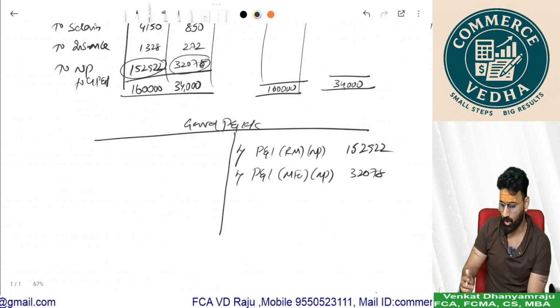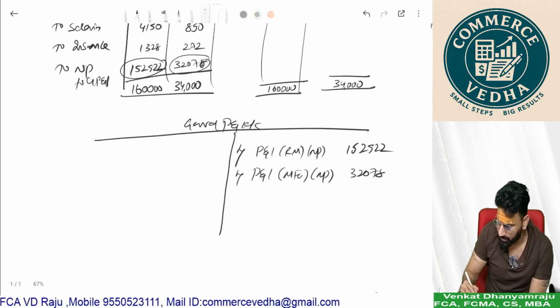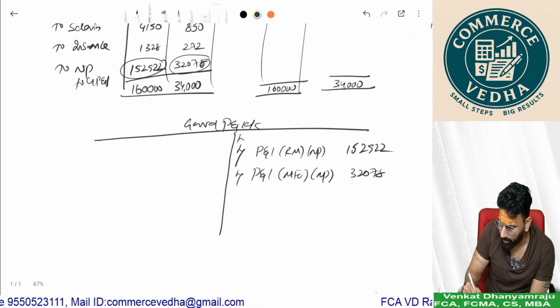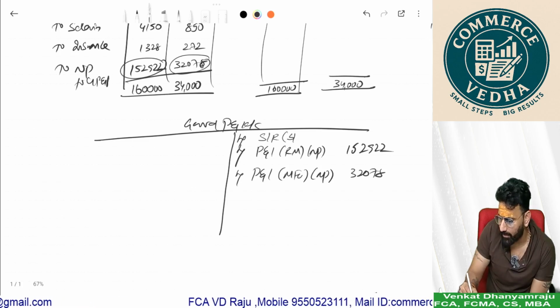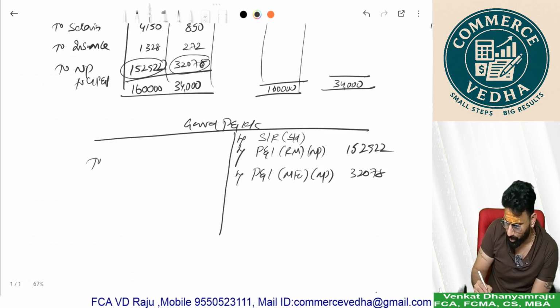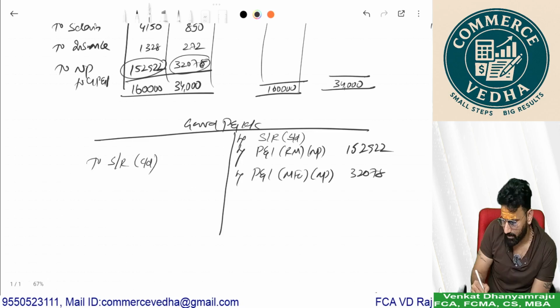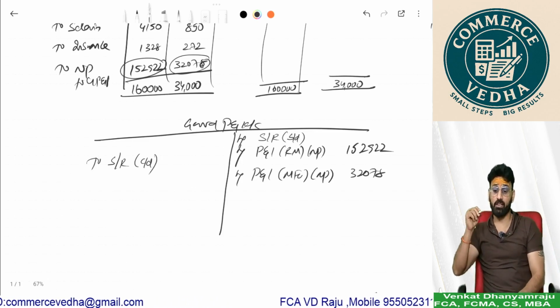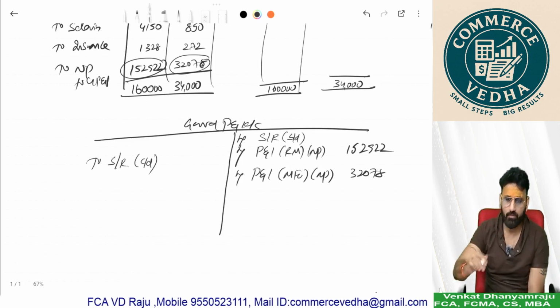Now I can write on the top of it, by stock reserve opening balance and to stock reserve closing balance. These two I should complete because there is a stock reserve in the intercompany stock. This is very, very important.